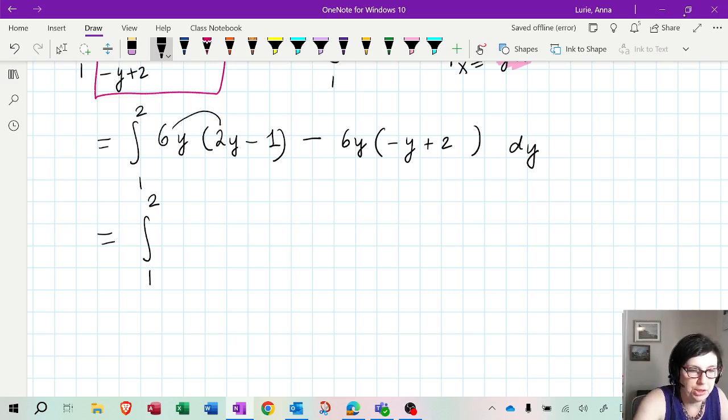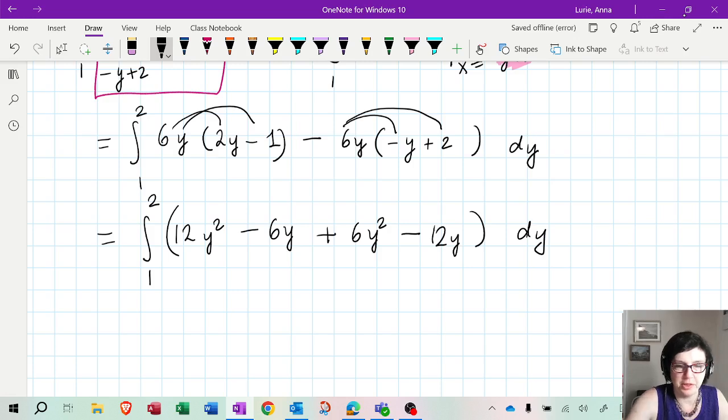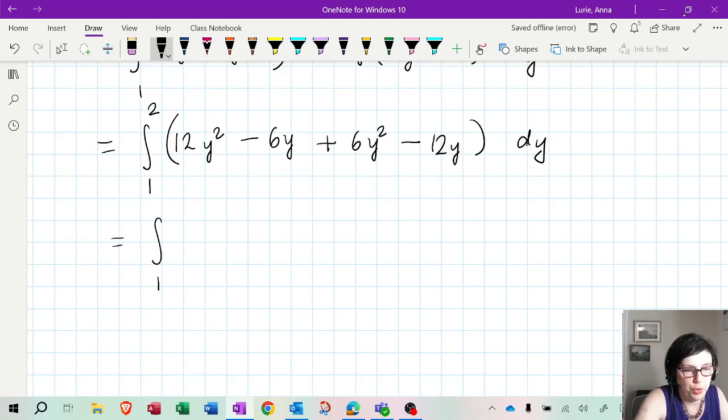Okay, so let's just distribute. This is going to become 12y squared minus 6y. Then it's going to be plus 6y squared, and then minus 12y. Okay, well, you can put parentheses around the whole thing. Just inside, there shouldn't be any parentheses. Okay, now, do we have like terms? So remember, like terms are the terms with the same power of the unknown.